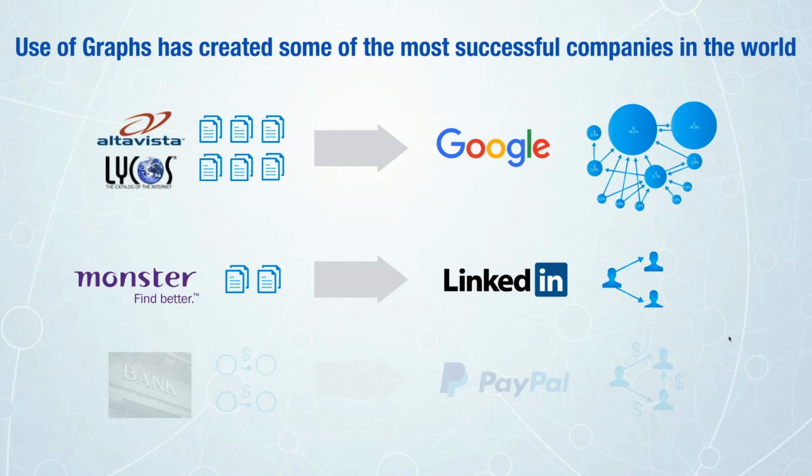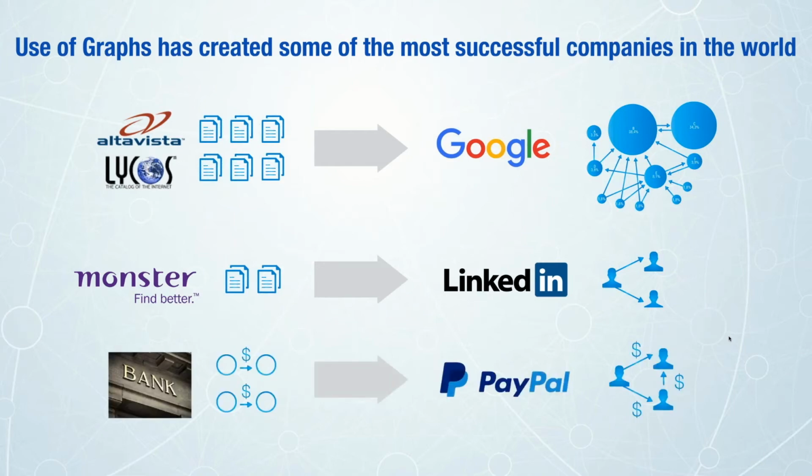When LinkedIn recommends that we connect with someone, it's probably because we have a number of things in common. From the point of view of the graph, there's a number of indirect connections between us as nodes. Well, these are just two examples of companies that have been extremely successful, that have become leaders in their space by changing the way they looked at data.